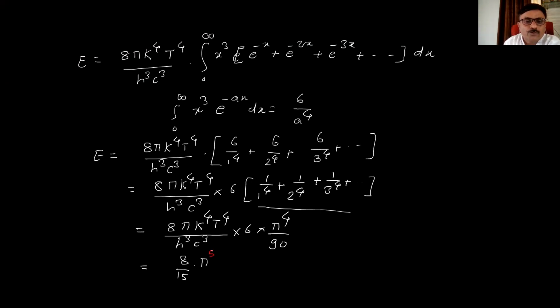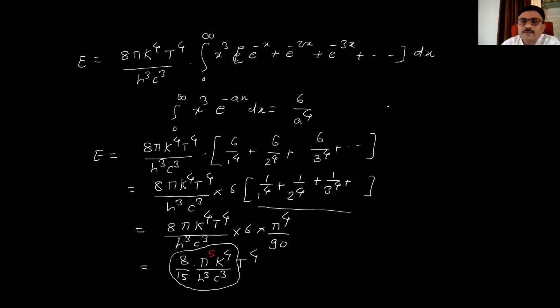pi raised to 5 into k raised to 4 into T raised to 4 divided by h cube and c cube. So if you look at this term, 8 by 15 pi raised to 5 k raised to 4 divided by h cube c cube, this term is a constant term, and we can call it the constant term.